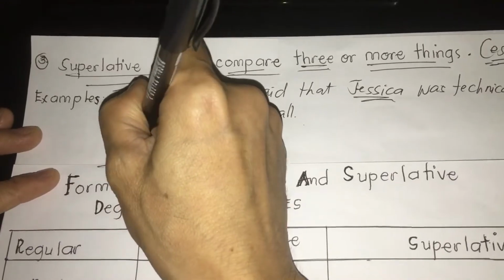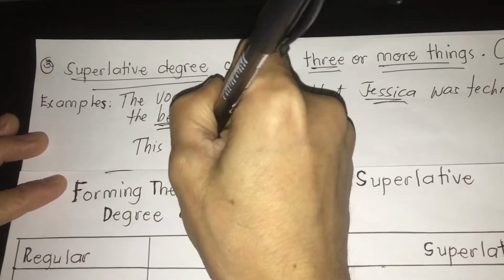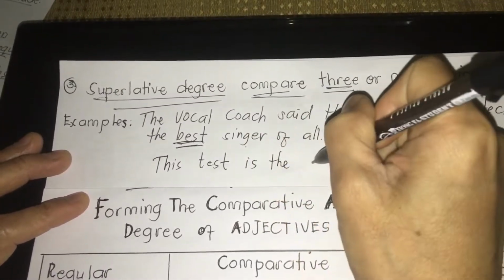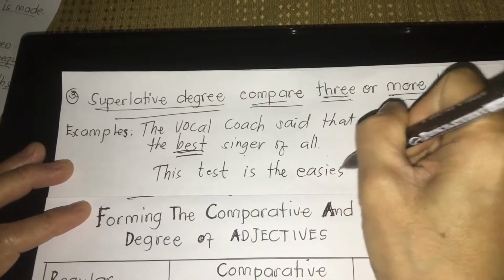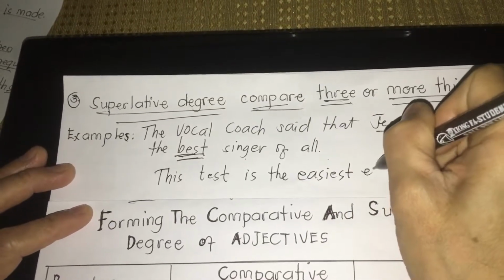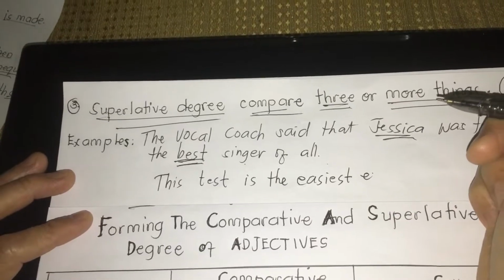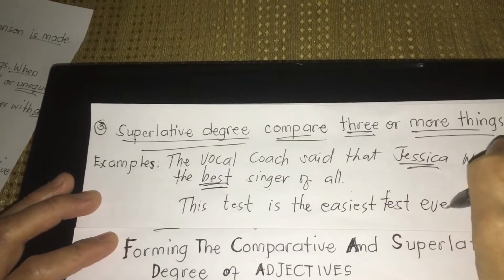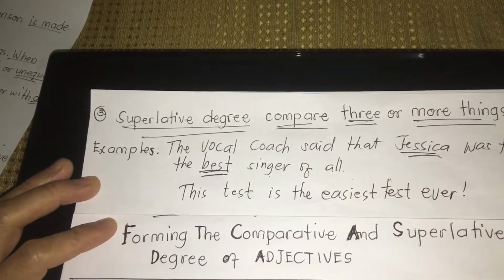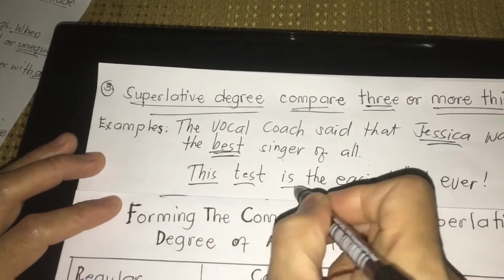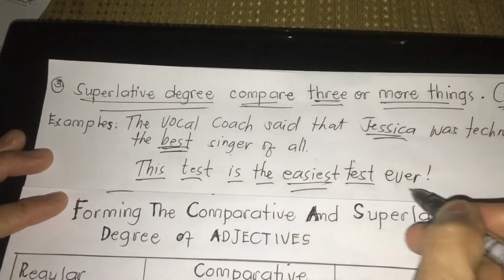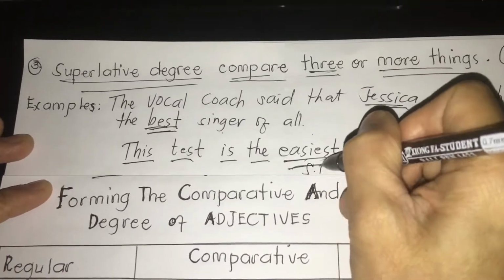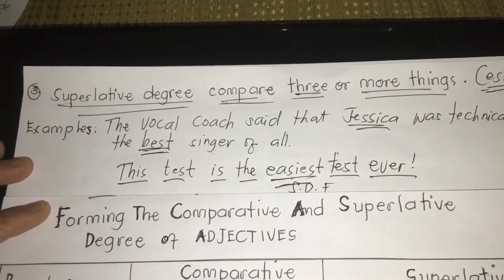For example, just like we talk about an exam: this test is the easiest test ever. The word easiest shows the superlative degree form.